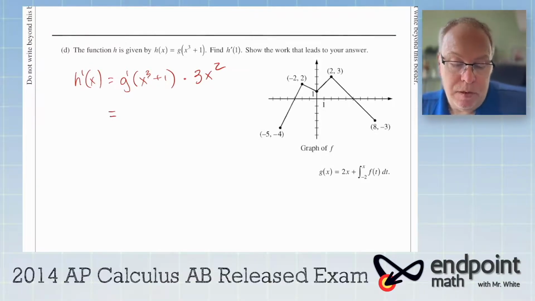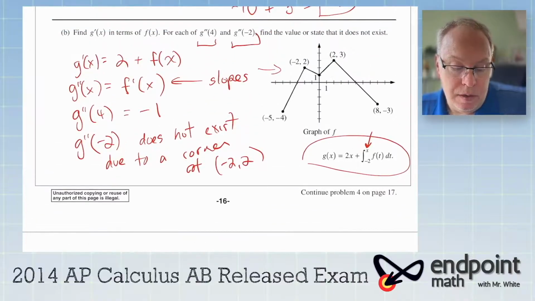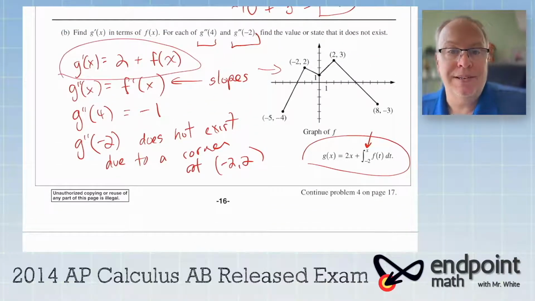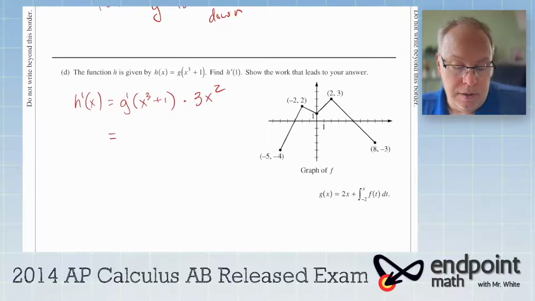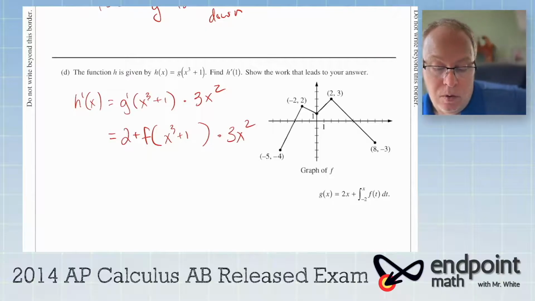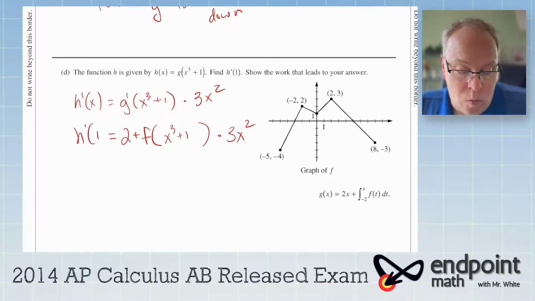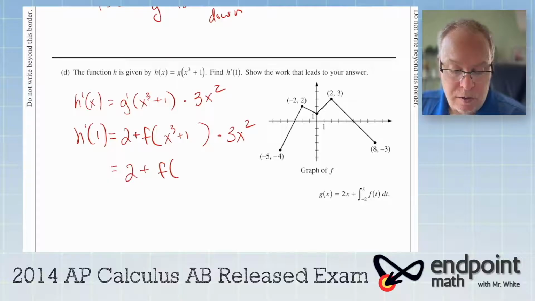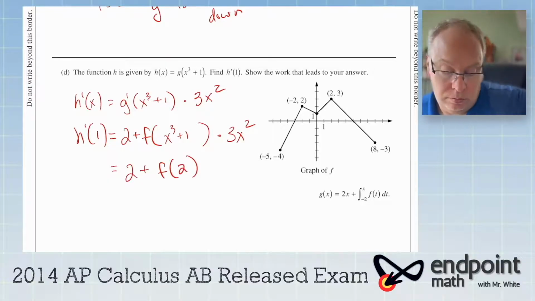Okay? So g prime, remember up here? Let's go back up here. G prime is 2 plus f of x. So this would be 2 plus f of x to the third plus 1 times 3x squared. Now we are finding h prime of 1. So this would be 2 plus f of 2 times 3.